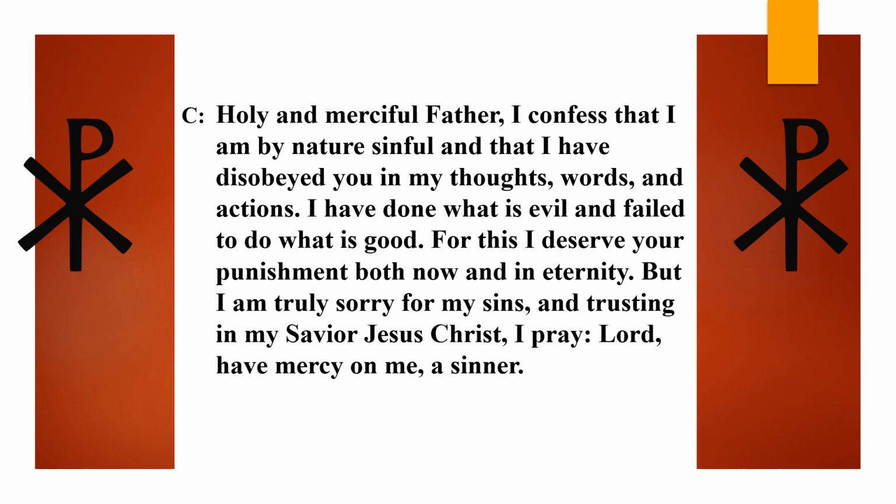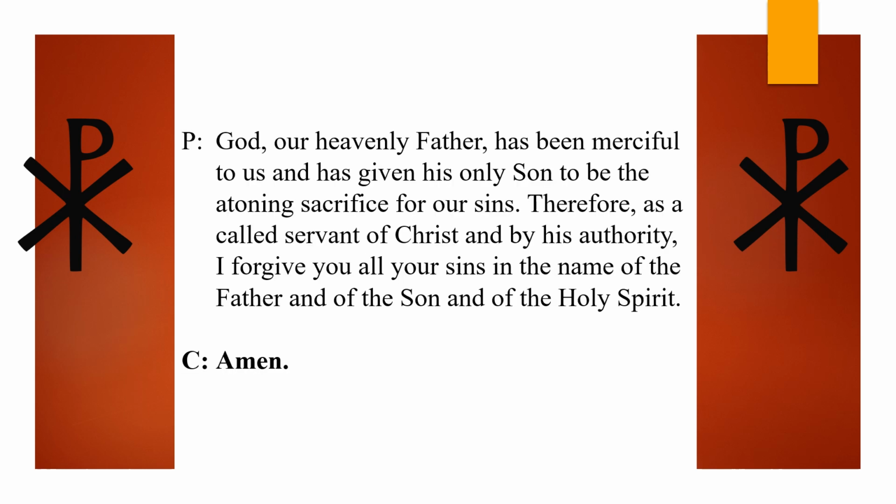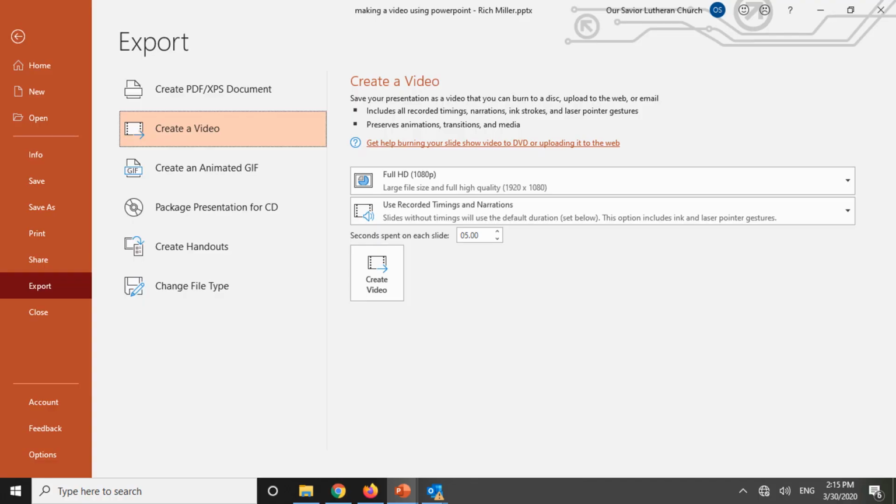Okay, these are just the next two slides from this confession and absolution video segment that I made. Very simple, just use the words from the common service and put that up. Okay, then using PowerPoint, in the upper left-hand corner of the usual screen on PowerPoint, I clicked on File, and then I went down to Export, as you see here.